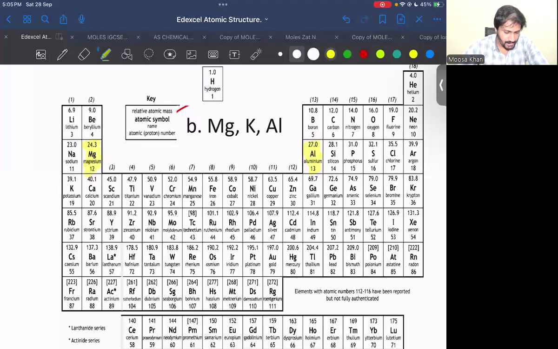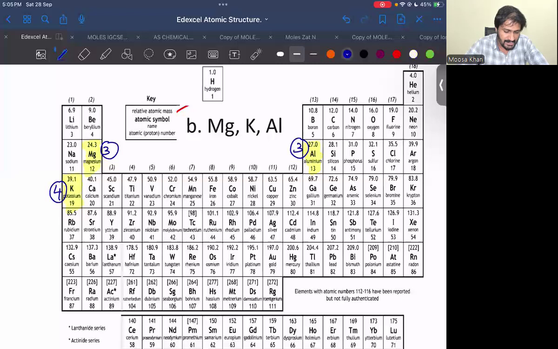Sarah, I'm expecting answers from you, please. Quick. And here we have potassium. Aluminum, magnesium, and potassium. Very good. Potassium is in period 4. It has 4 shells. Magnesium and aluminum have 3 shells. So naturally, the size of potassium should be bigger as compared to magnesium and aluminum.